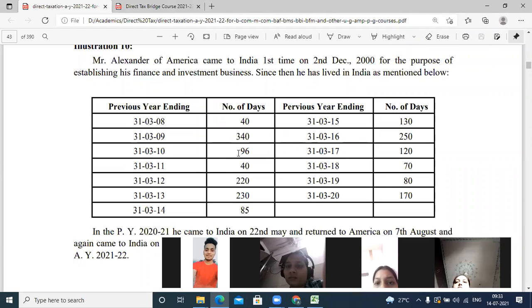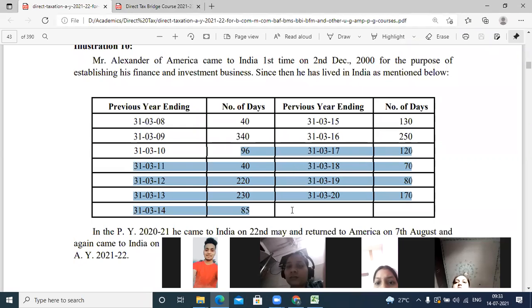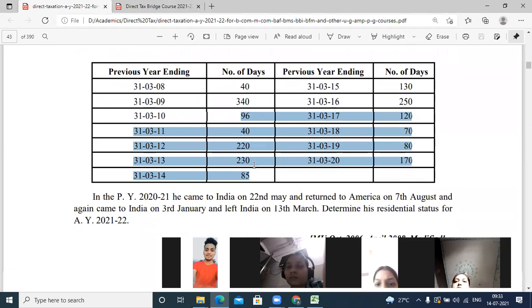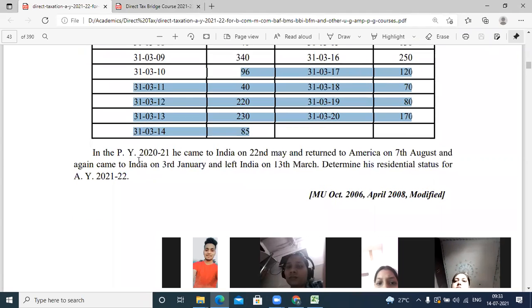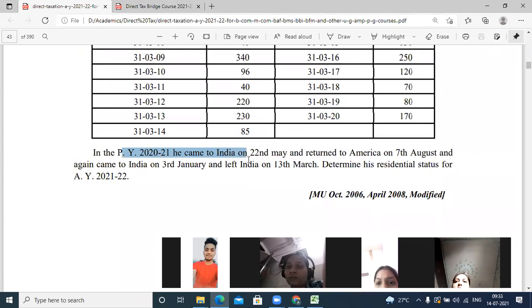We are concerned about from 2010-11. And during the previous year, 2021, he came to India on 22nd May and he returned to America on 7th August. Again, he came to India on 3rd January and he left for 13th March. What will be the residential status of Mr. Alexander?